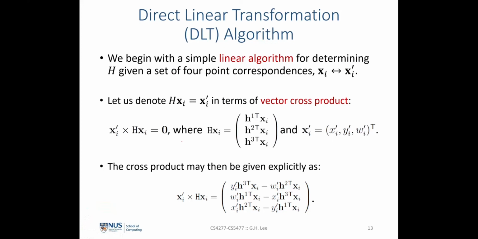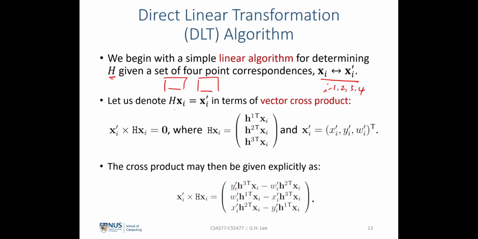Now let us begin by looking at a simple linear algorithm for determining the projective homography, denoted as H here, given a set of 4-point correspondences xi and xi prime, where i equals 1, 2, 3, and 4. We'll start by looking at the familiar equation of the projective transformation, which relates the point correspondences in two views here.